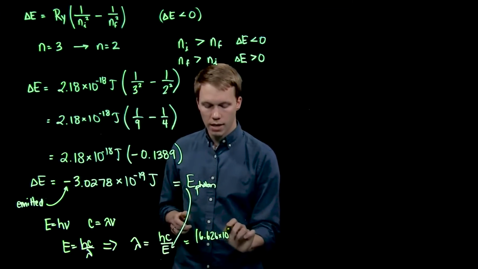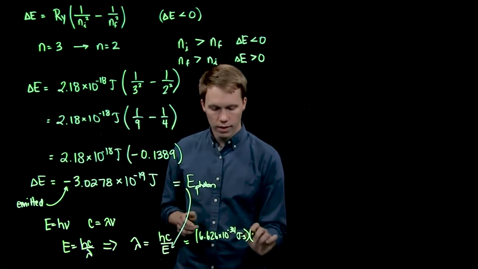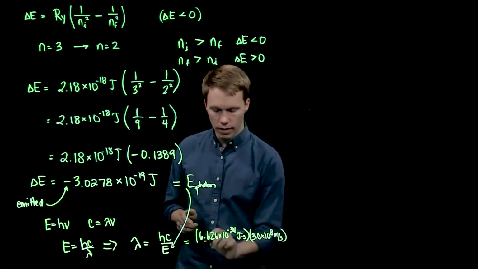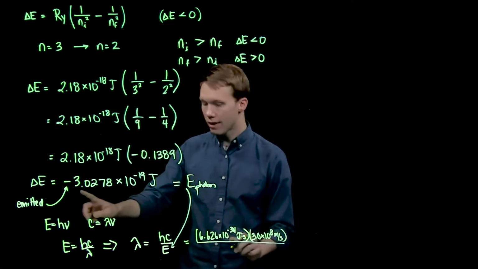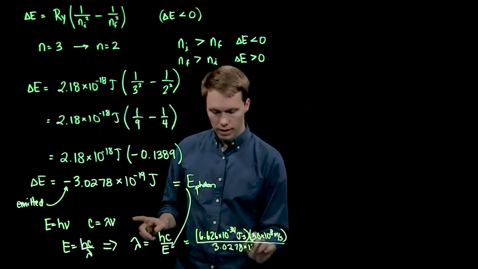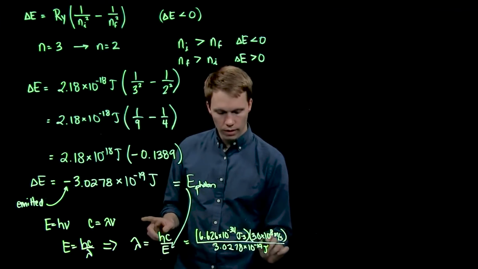6.626 times 10 to the negative 34th joule seconds for Planck's constant, 3.0 times 10 to the 8th meters per second for the speed of light, divided by the energy we calculated, 3.0278 times 10 to the negative 19th joules. So joules cancel, seconds cancel.